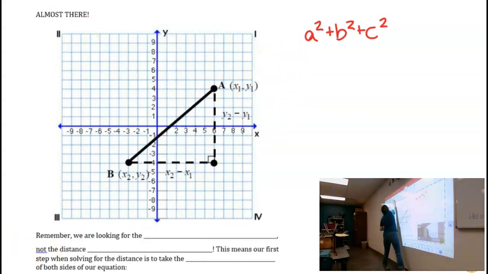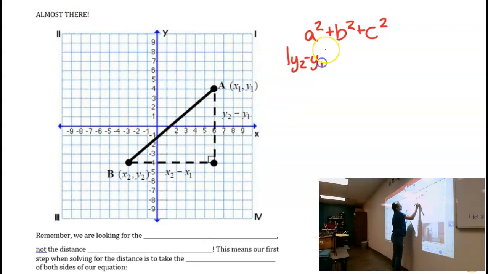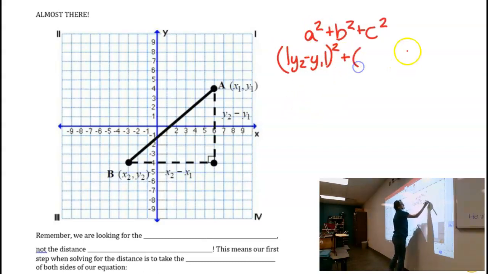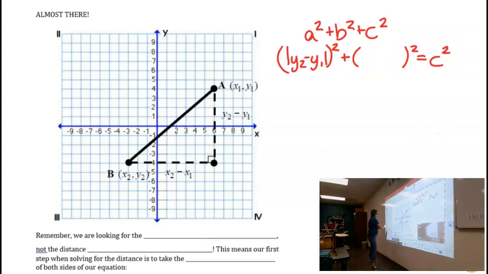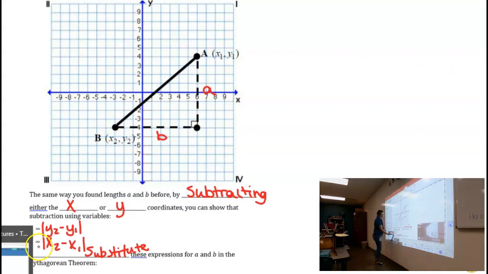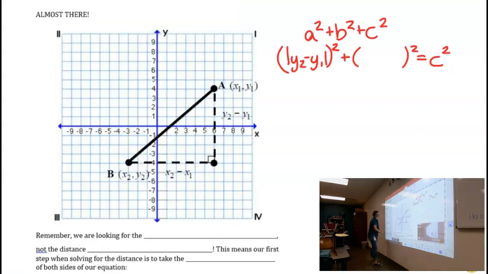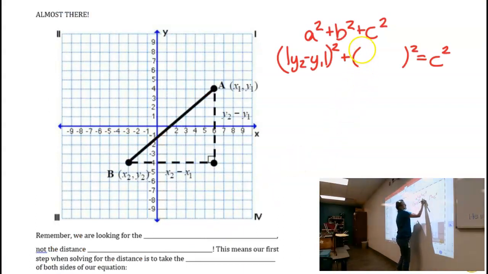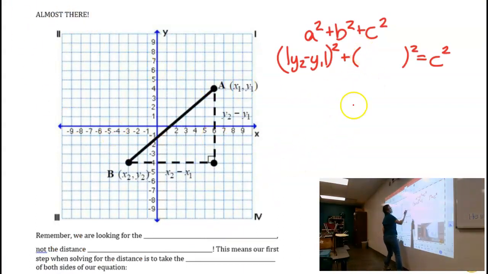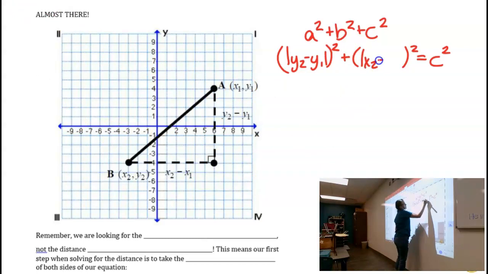So I have y2 minus y1, and that's squared because it's squared in the formula, plus my b value squared equals my c value squared. So my b value was the absolute value of x2 minus x1.